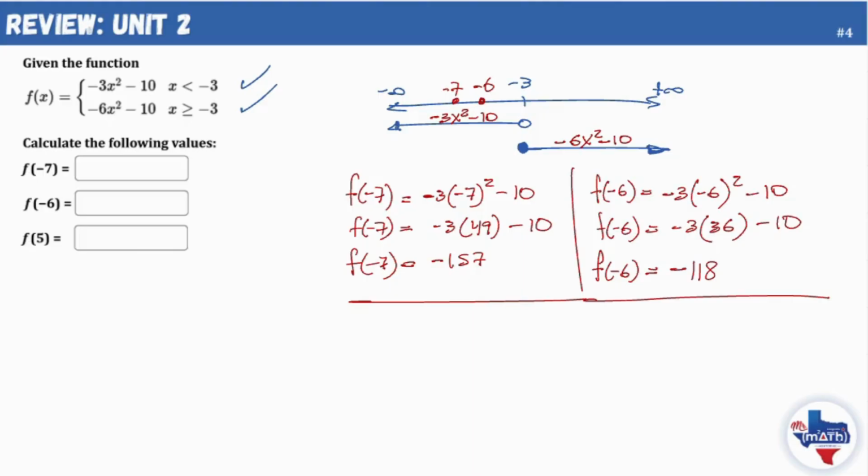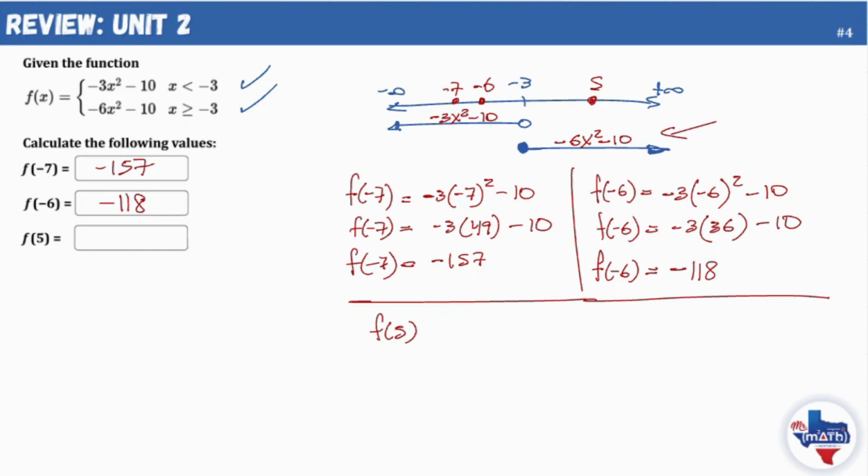All right, let's go with our last number. So let's fill out the information. Negative 157 and negative 118. Okay, now we have to calculate f of 5. f of 5 will land in here. So we're going to use the next behavior, which is negative 6x squared minus 10.